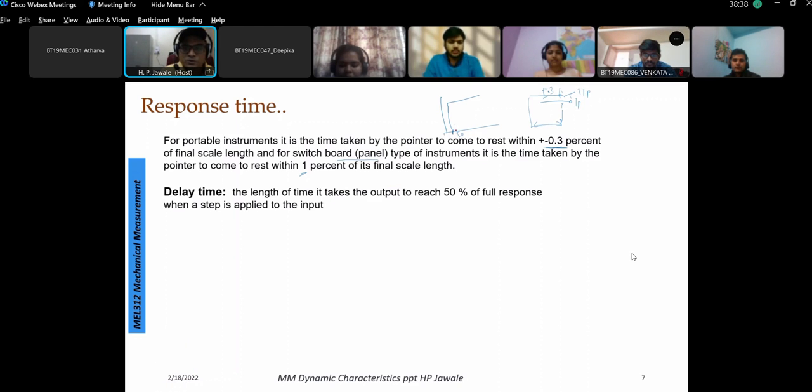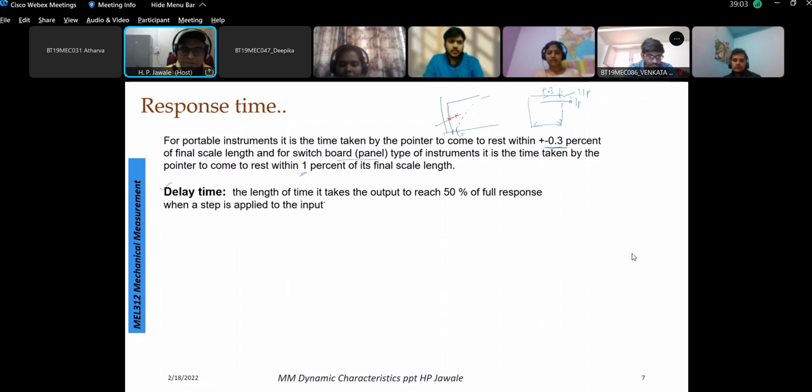I am showing this output somewhere here, exaggerating. The difference between the time at which the signal is introduced and the time it starts some change in the display device we call the dead time. It is exactly similar to the dead band in the static characteristics we have studied, right? So it is dead time, not delay time.